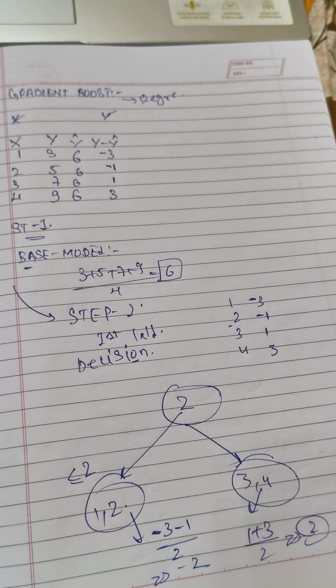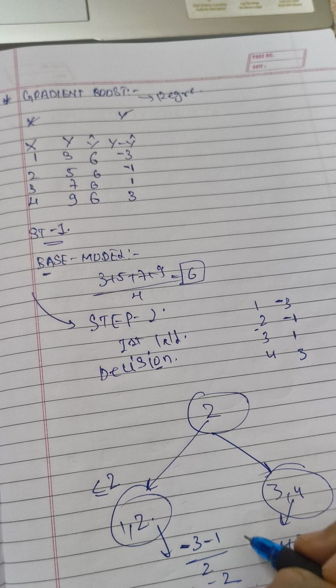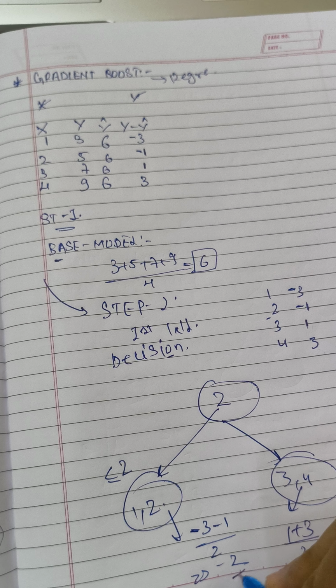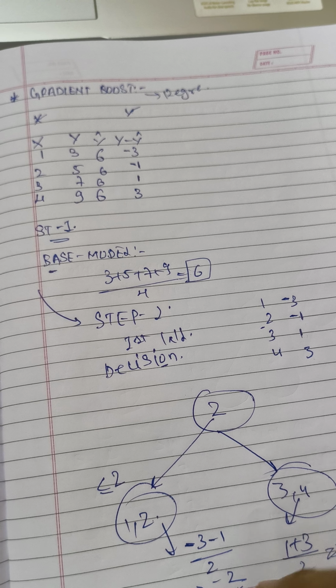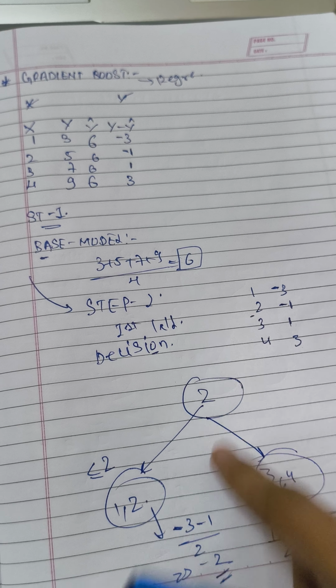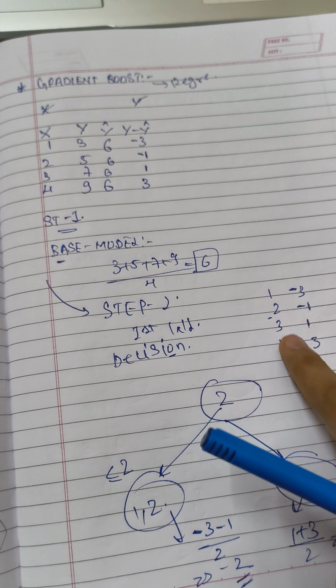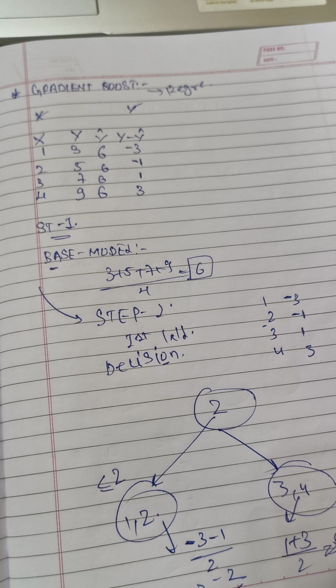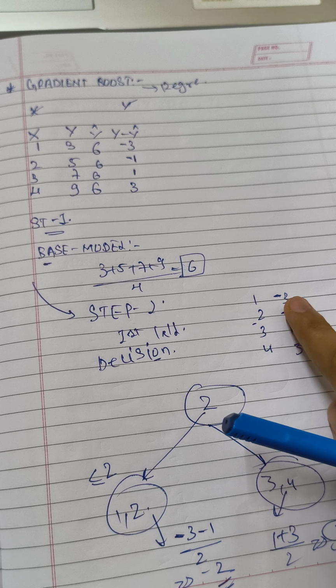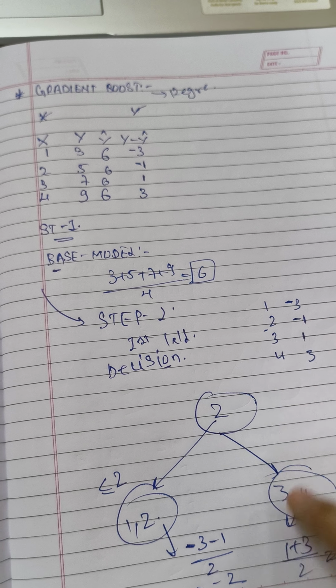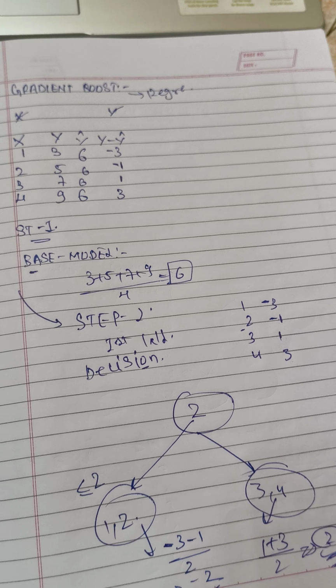Okay, so our new table will be what? According to my decision tree, the residuals for 1 and 2 should be minus 2, and for 3 and 4 it should be 2. You see here the value has become slightly smaller, which we wanted, which is satisfying.